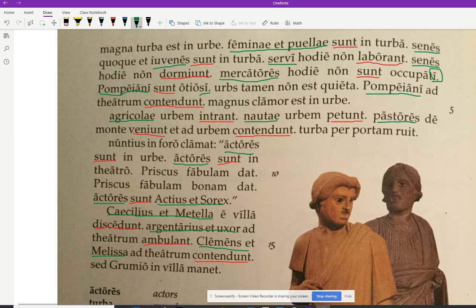So Clemens and Melissa hurry to the theater. Sed Grumio in villa manet. But Grumio manet, he remains, stays in villa, in the house. Seems kind of suspicious. Might have to see what Grumio is up to in the next reading. Till the next chapter.